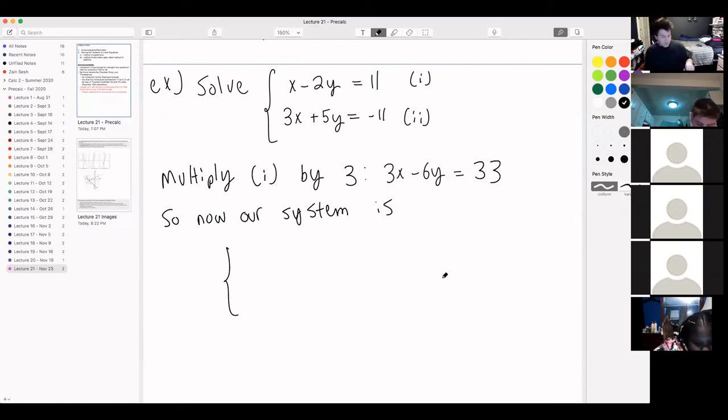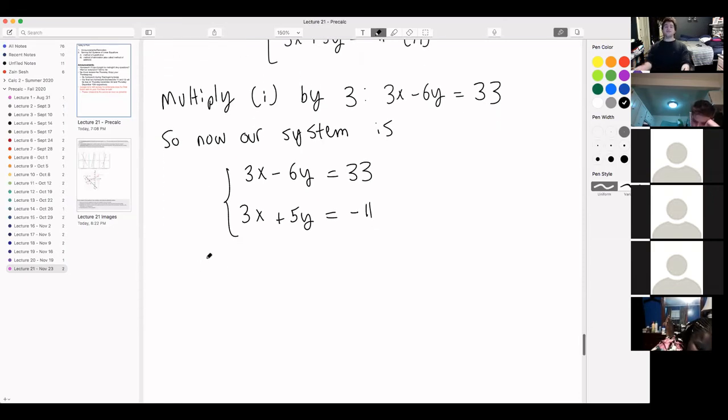Let me just change this in my notes really quickly. Okay, so this is our new system with the correct right side. It is 3x minus 6y equals 33, and the bottom equation, equation 2, is unchanged: 3x plus 5y equals minus 11.